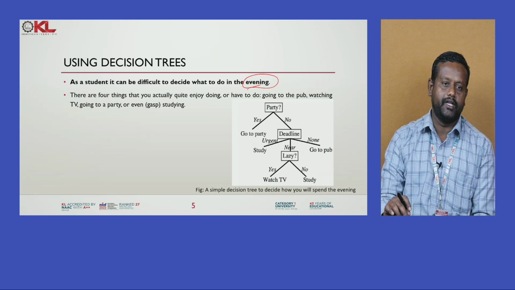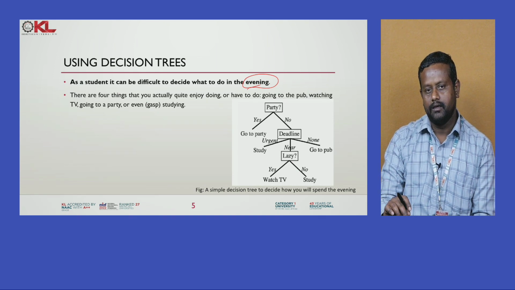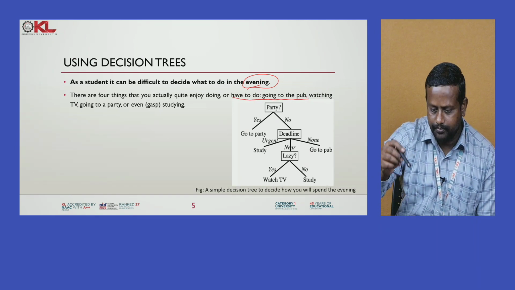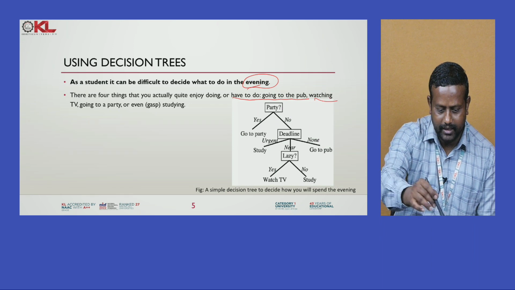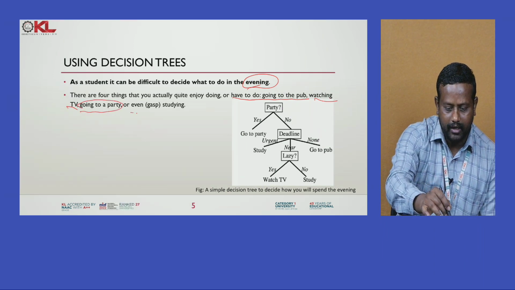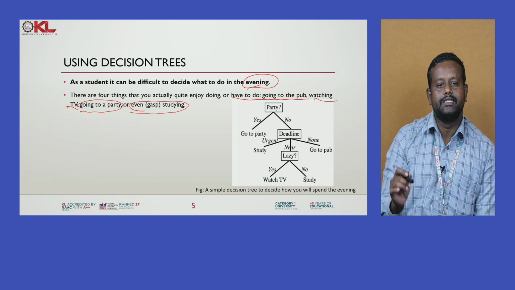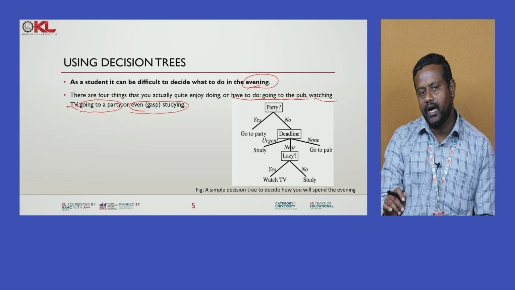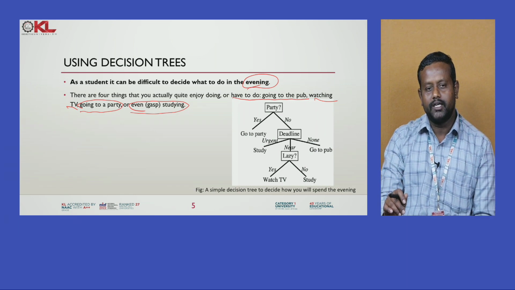For example, there are 4 things that you actually quite enjoy doing or have to do: going to the pub, watching TV, going to a party, and even studying. Which one he has to take can be found with the help of the decision tree.